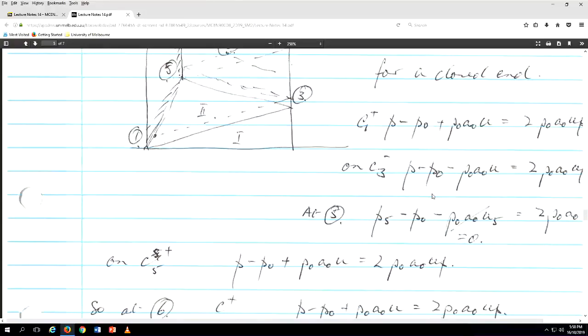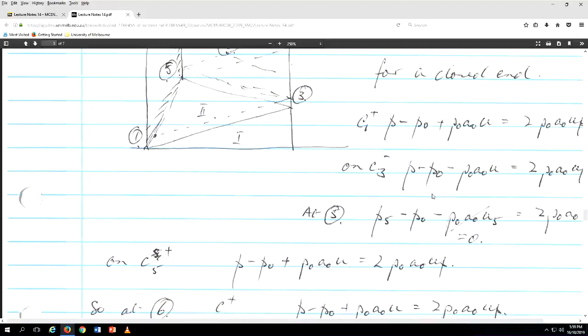So at 5, since I know the velocity at 5 is 0, P5 minus P naught is 2 rho naught A naught UP. So on C5 plus, P minus P naught plus rho naught A naught U is a constant, but U is equal to 0, so it's 2 rho naught A naught UP.